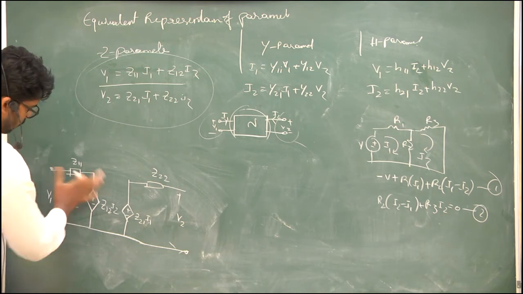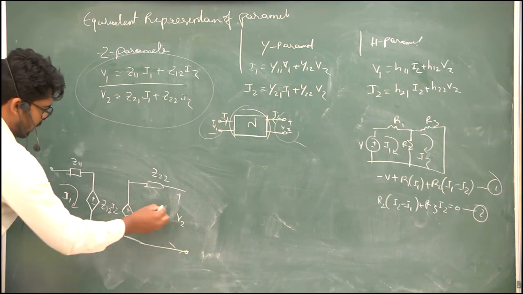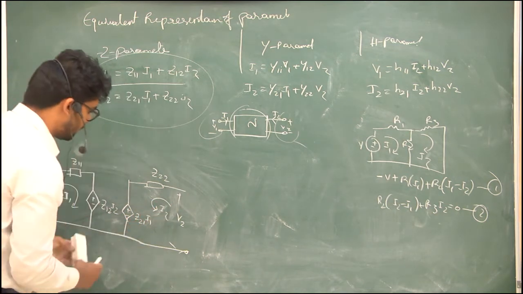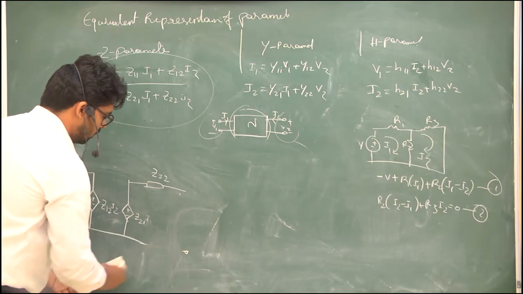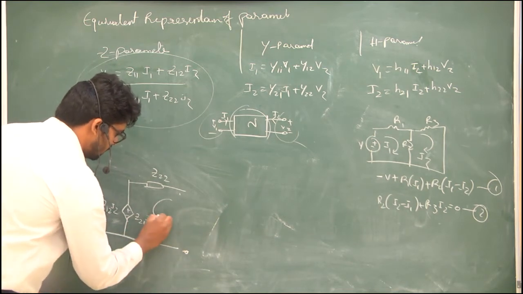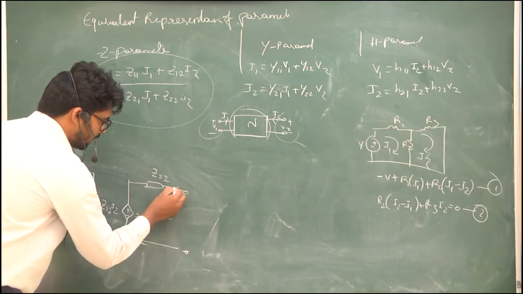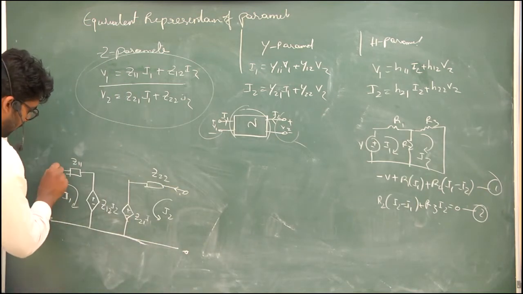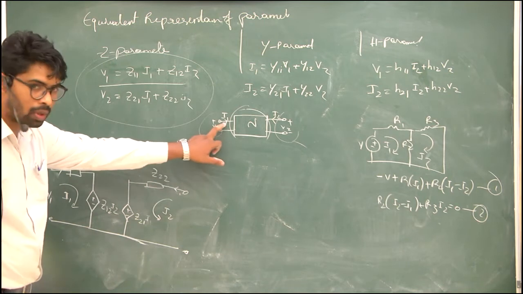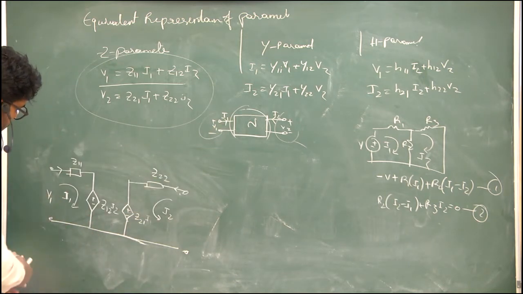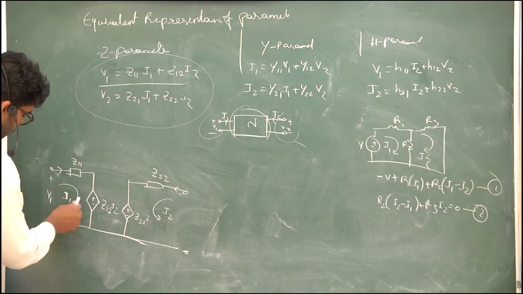In this section I1 current is flowing. In this section I2 current is flowing, from output to input, and from input to output current is traveling, similar to a two-port network. But I represented it here like this. Applying KVL here, what do you get?